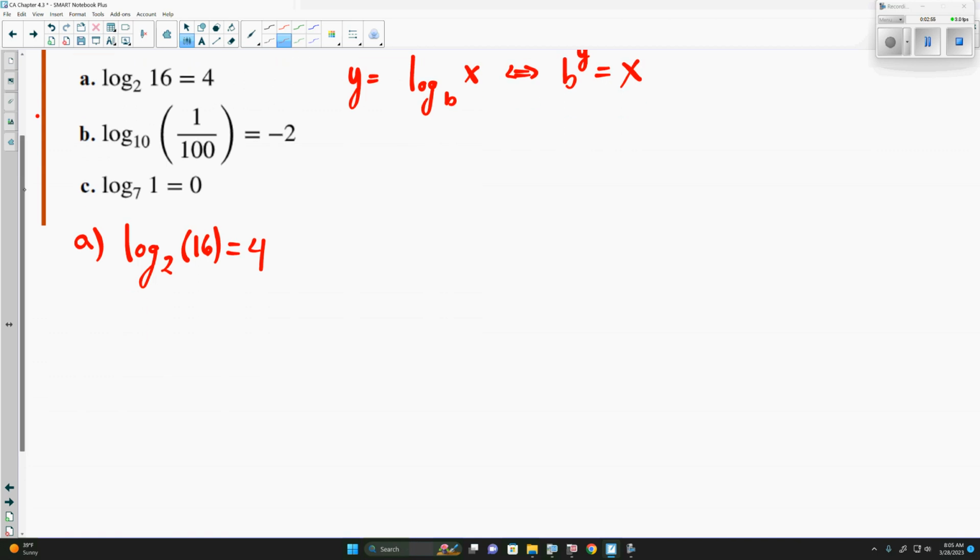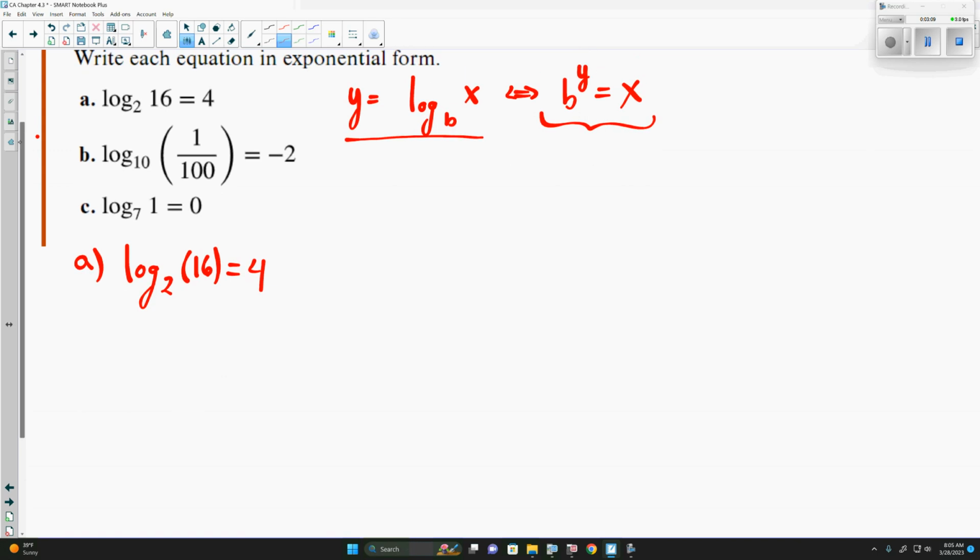So I'm going to show you this two different ways. The first is we look at this here. We're given this statement. We want to rewrite it as b to the y equals x. Well, our base for this is the number in subtext in the log, so that would be 2.